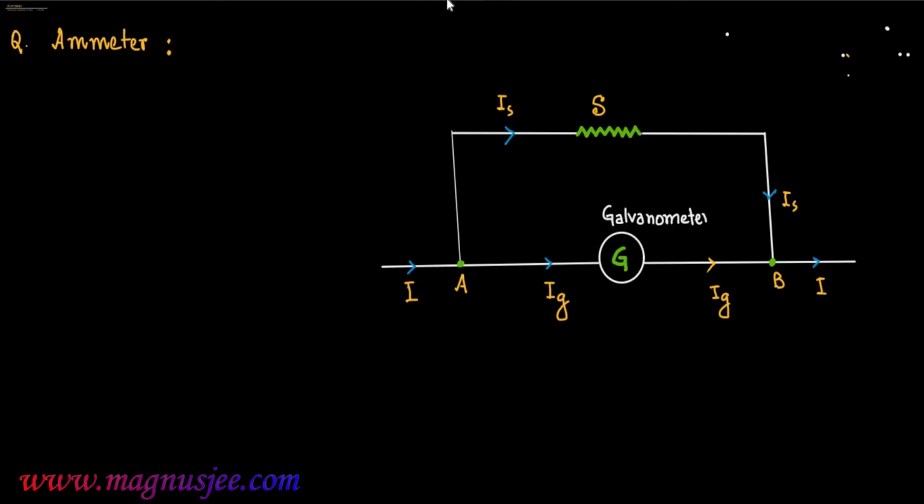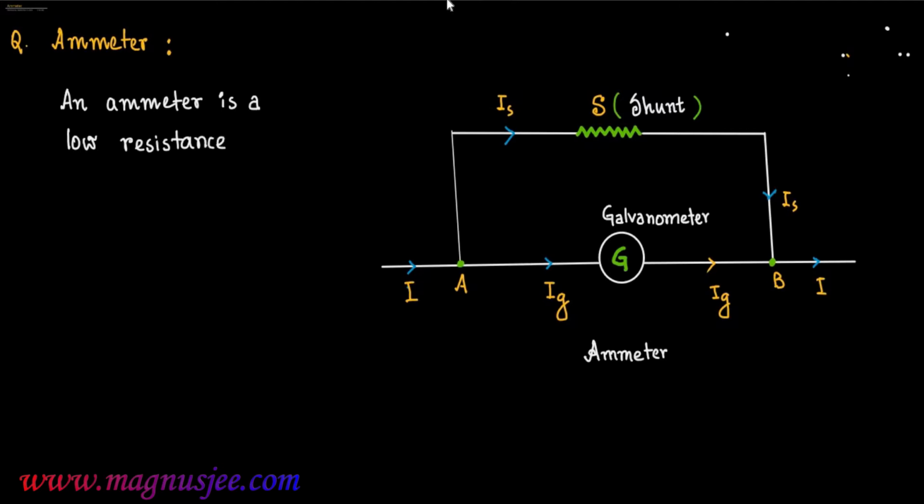G is the resistance of the galvanometer, and S is the shunt or low resistance which is connected in parallel with the galvanometer. This is an instrument known as an ammeter, which measures the magnitude of current in ampere.